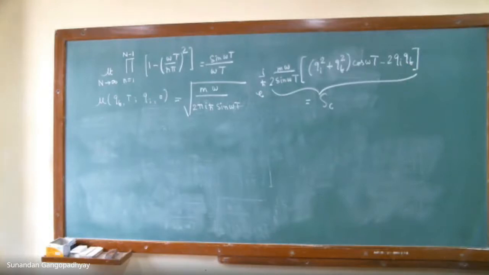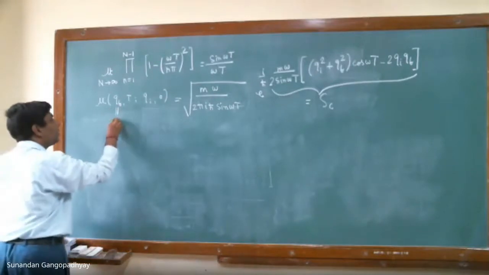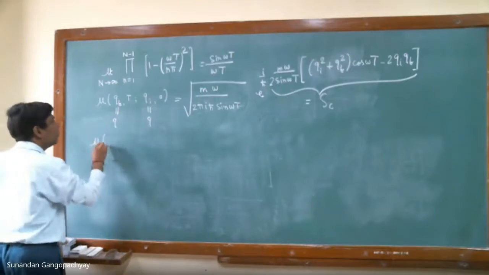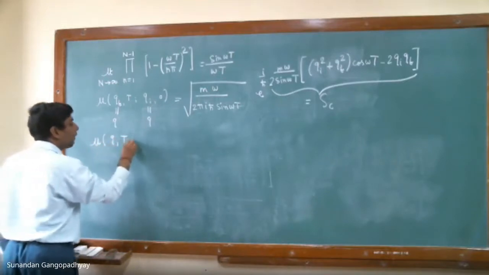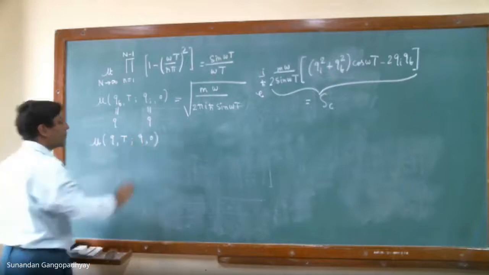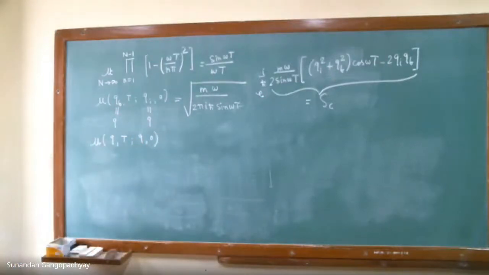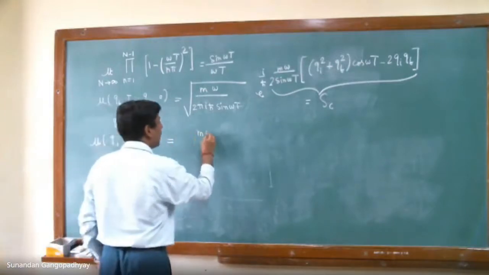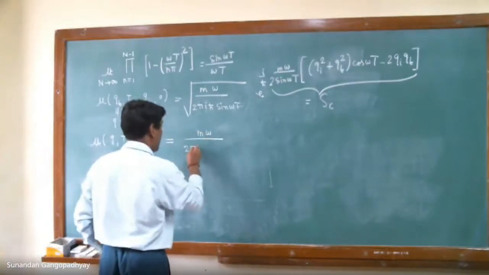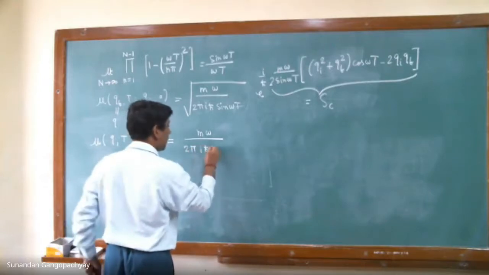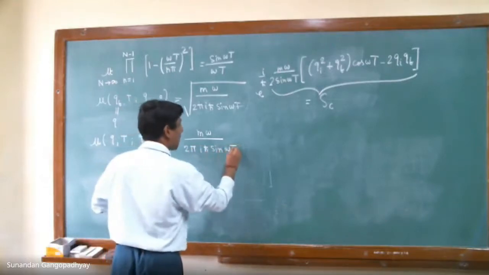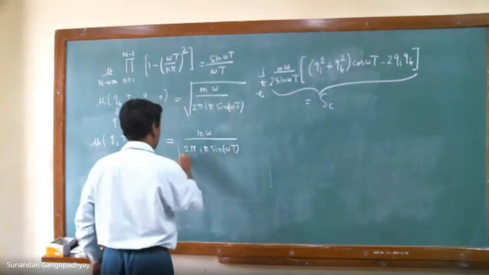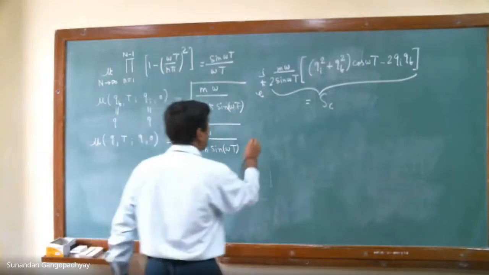What we shall now do is set this q_f to q and q_i to q. So what we now have is the propagator from q, 0 to q, T. So this is what we want to calculate. This is equal to square root of m omega by 2 pi I h bar sine omega T, times e to the power of.